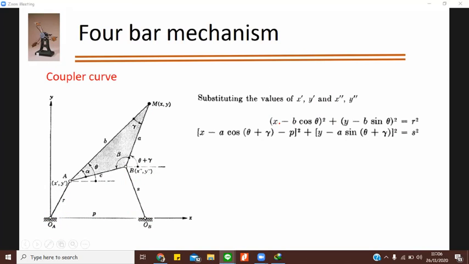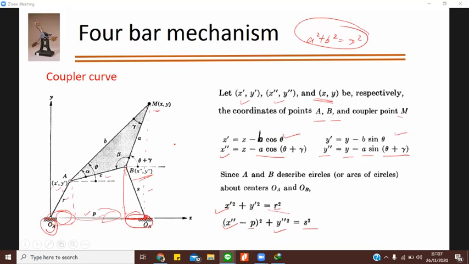So you will get (x minus b cos theta) square plus (y minus b sin theta) square is equal to r square. (X minus a cos(theta plus gamma) minus p) square plus (y minus a sin(theta plus gamma)) square is equal to s square. So these are the two equations that you will get.